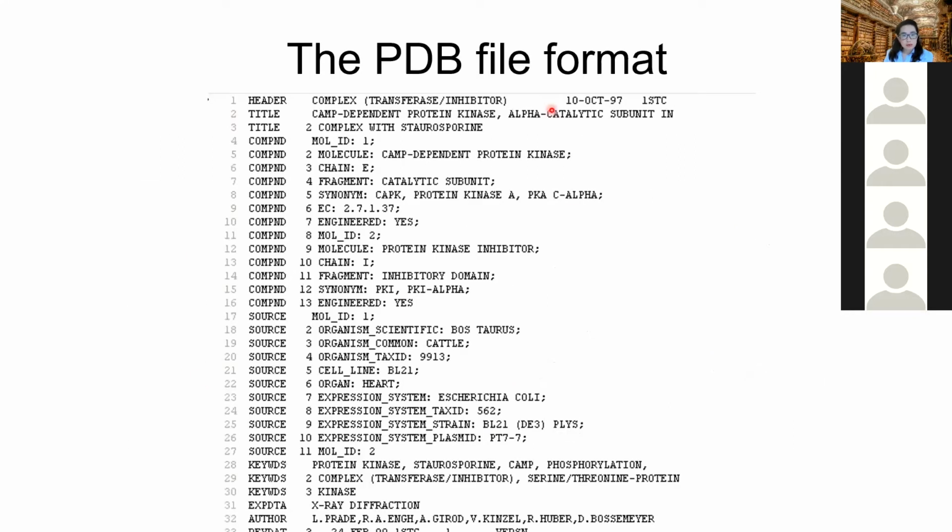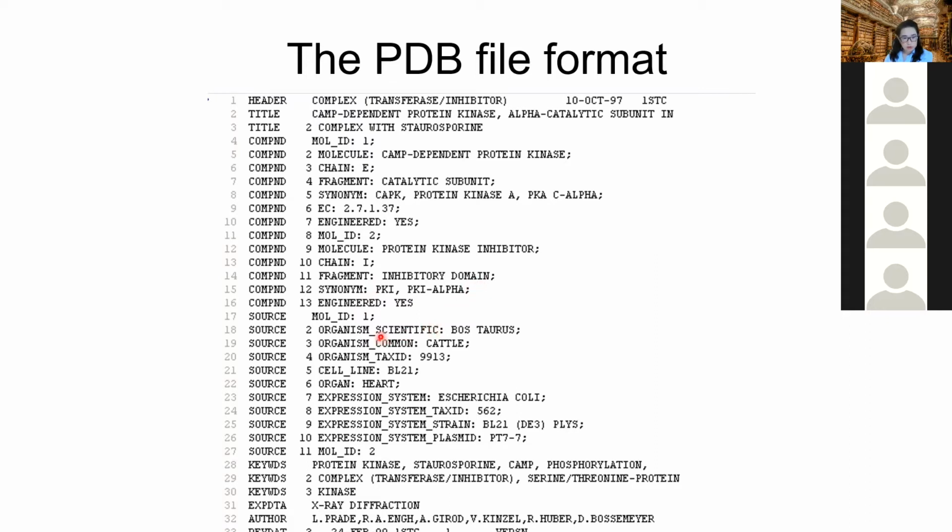So the PDB file format normally has the header, and then it will show you the compound class, which shows the molecule of the protein. Like in this one, the protein is cyclic AMP dependent protein kinase. And it shows you what is inside, like this one has a peptide inhibitor, and also fragments of the inhibitory domain.